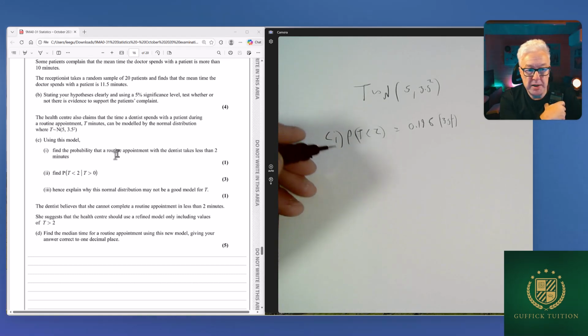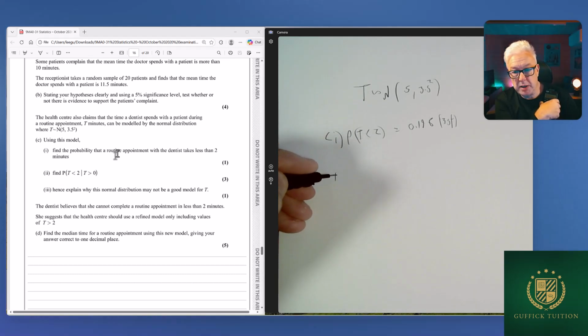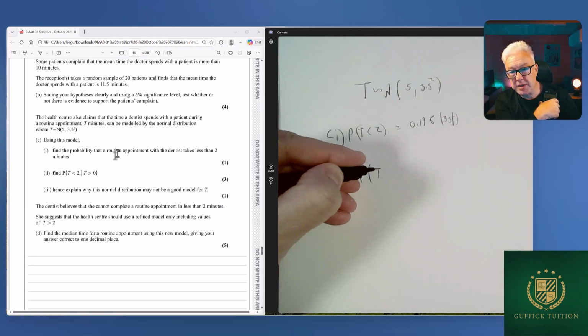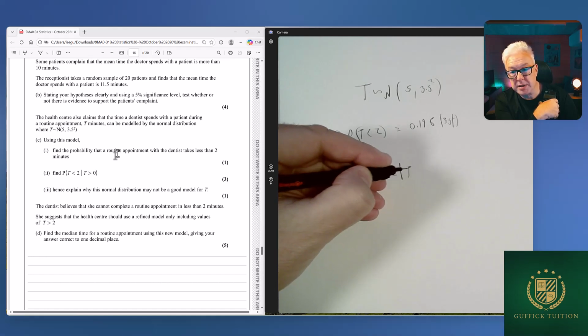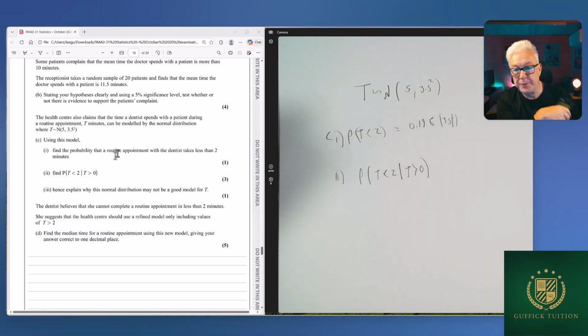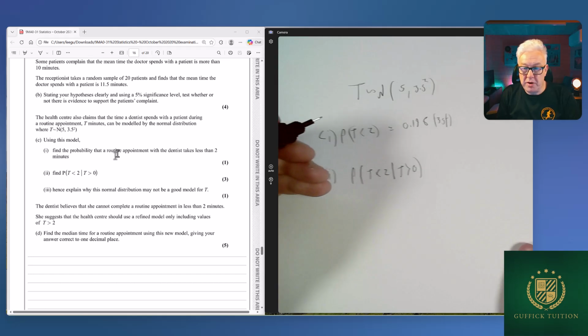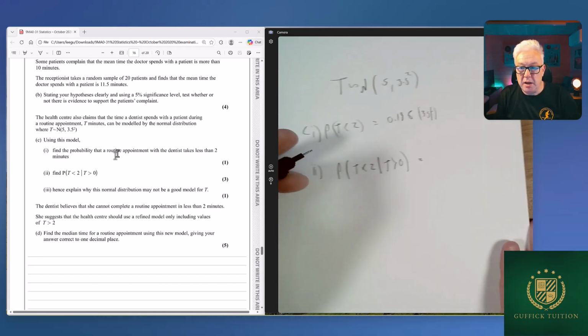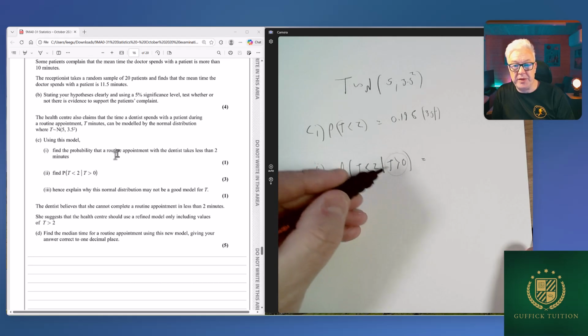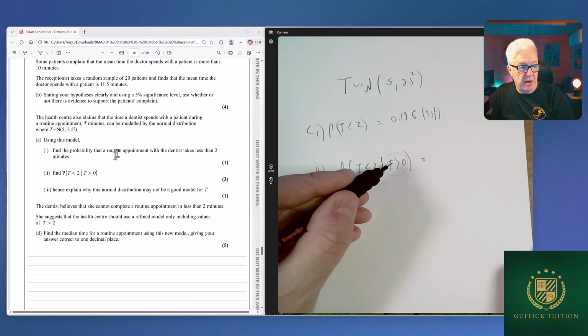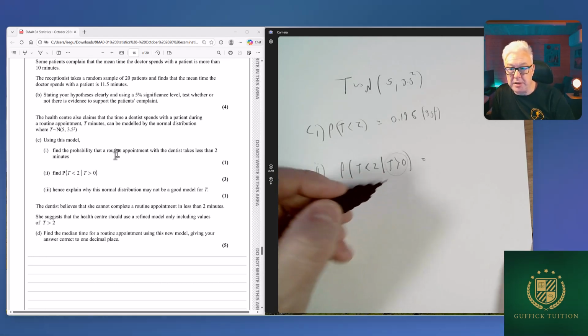Find the probability. Now this is where things start to get a little bit confusing to students. Find the probability that the time is less than 2 minutes given that the time is greater than 0. Now you may remember from our previous work on conditional probability on Venn diagrams, when you've got this here, this is our reduced sample space, the given that it is greater than 0.